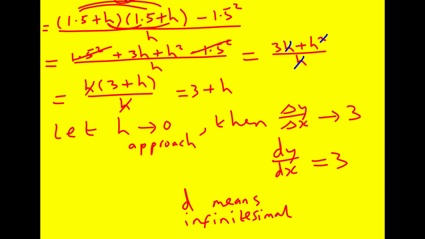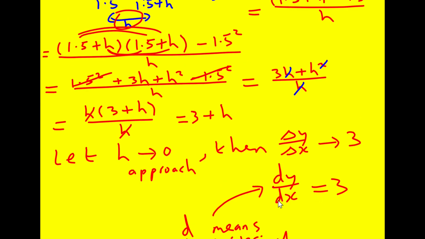And this is not d times y, it's dy, because it's all together. It's an infinitesimal amount of y. I can't just cross these off. That doesn't make any sense in this notation. dy means the tiniest little change in y and dx the tiniest little change in x.